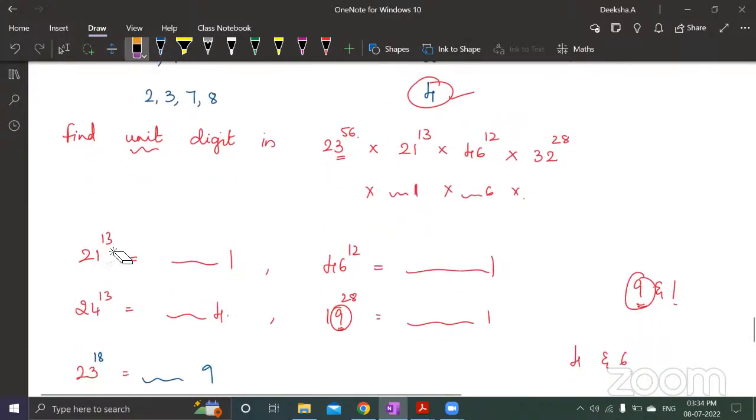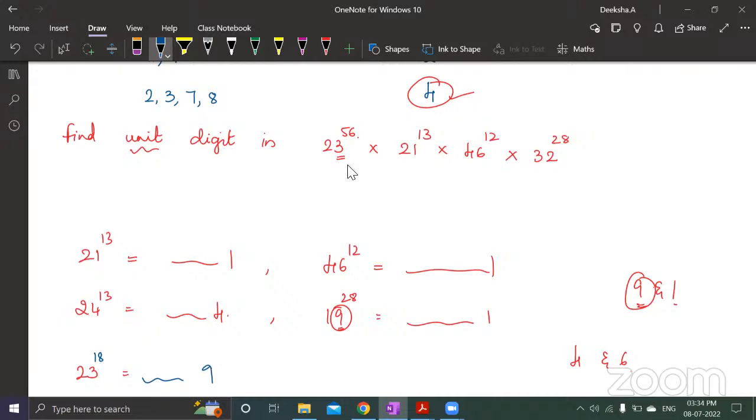Now, the answer for this question, if you have understood all this, what we write is only the last digits. 23 power 56. 3 I will take, for 3 has 4 different last digits. So 56 divided by 4, it is completely divisible. Remainder is 0.